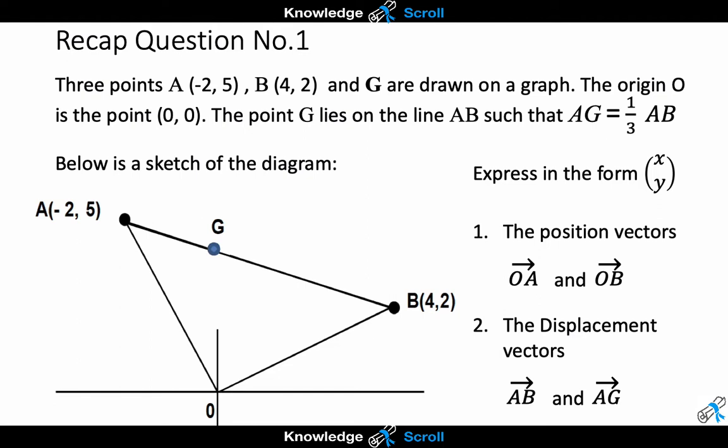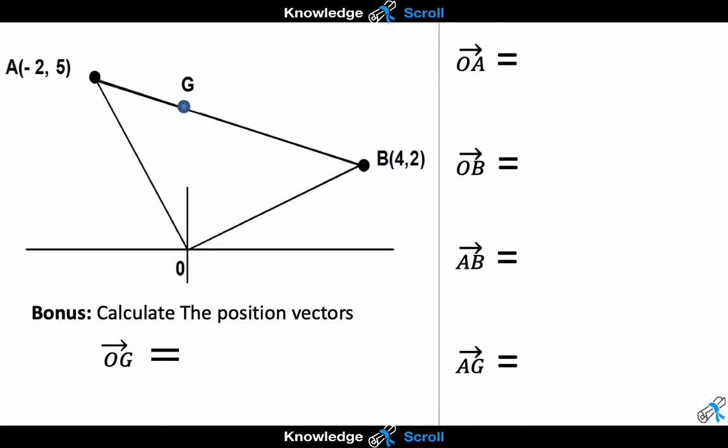And in this question, they were so nice to give us a sketch. We are to answer some of the following questions. Question 1 is to figure out the position vector OA, the position vector OB, the displacement vectors AB and AG, and finally, as a bonus question, we're to calculate the position vector OG.